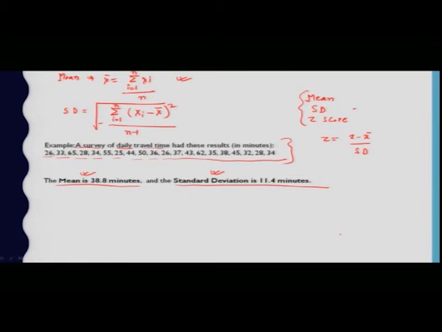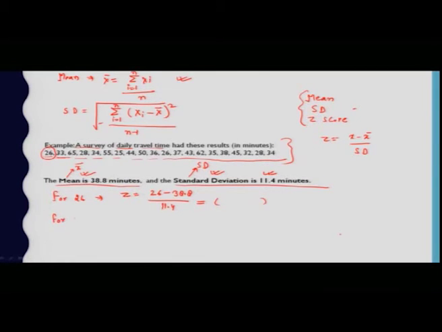So, we have to calculate the z score individually for each particular value. For, let us say, 26, z will be 26 minus the mean, x bar, which is 38.8, upon the standard deviation, which has come out as 11.4. That will be some value.